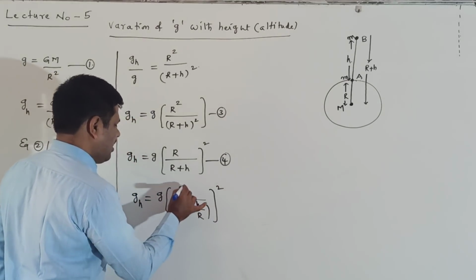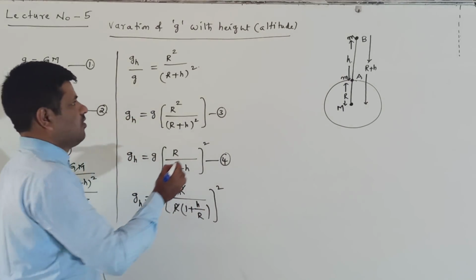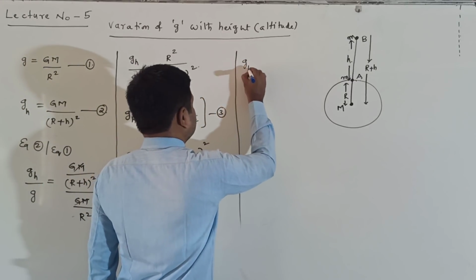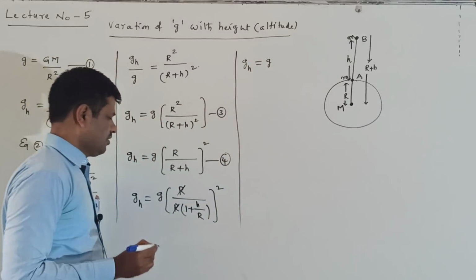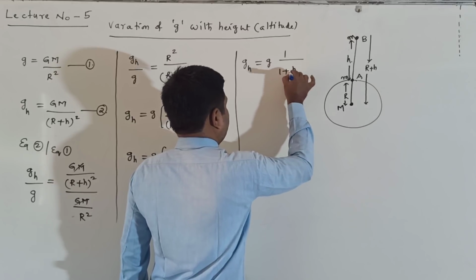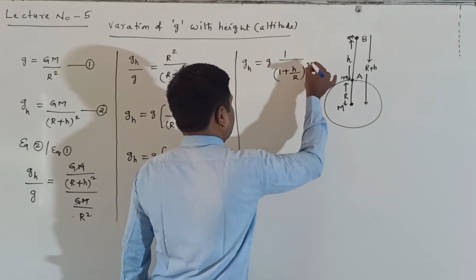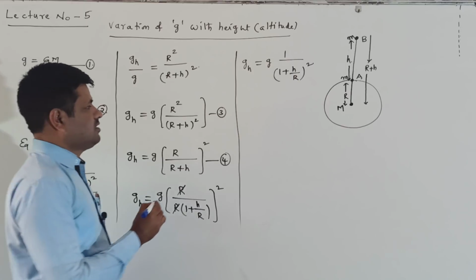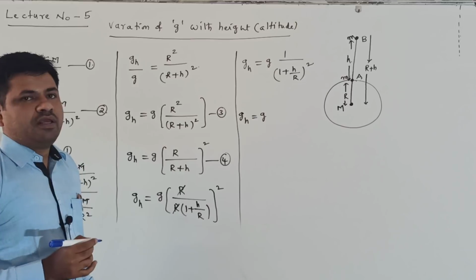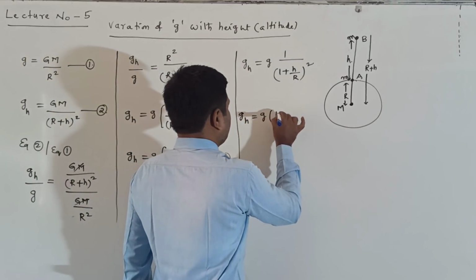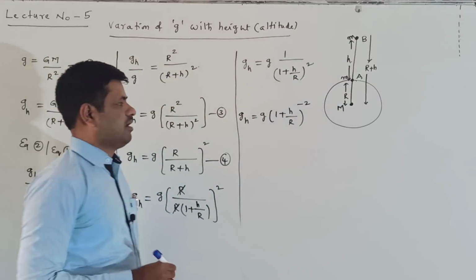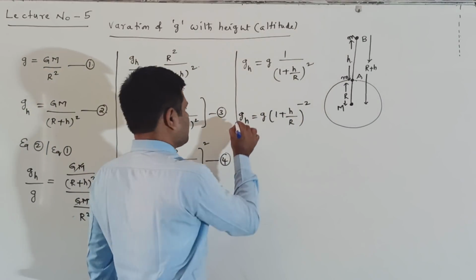So g_h is equal to g into 1 by 1 plus h by r whole square. That is, g_h is equal to g into 1 plus h by r whole power of minus 2, taking it into the numerator. This is equation number 5.